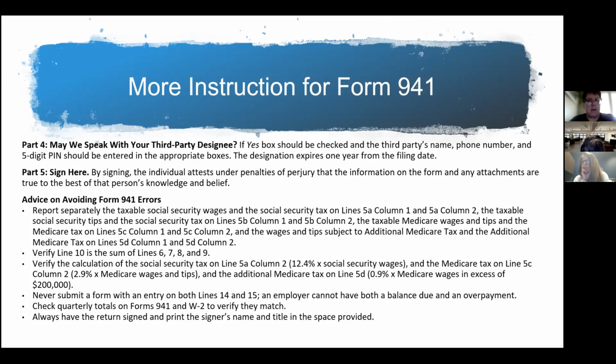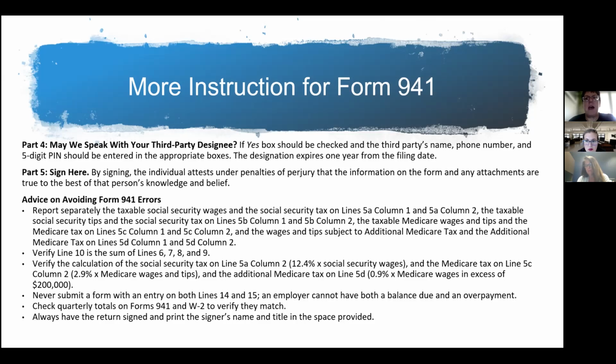But before I had my CAF number, I could call about the 941 and give them this 5-digit PIN number, and talk about that specific 941 for one full year after I filed it.